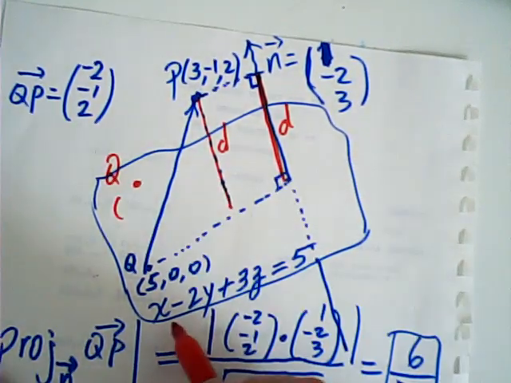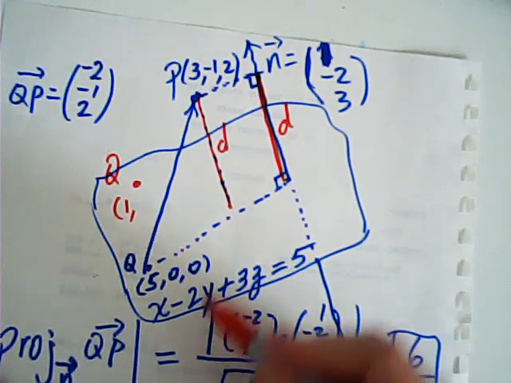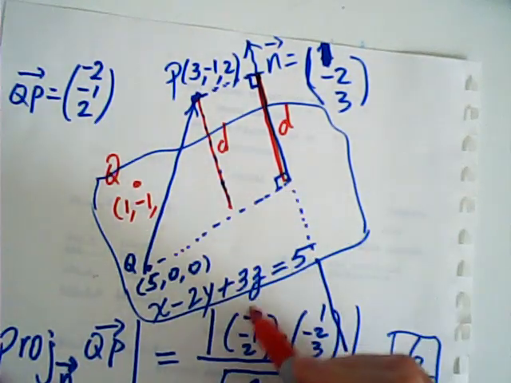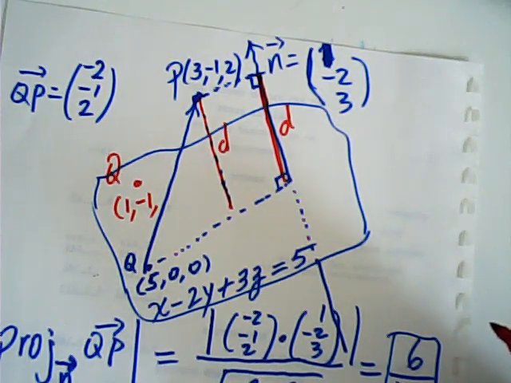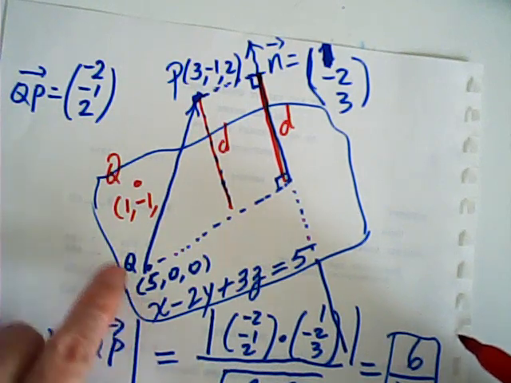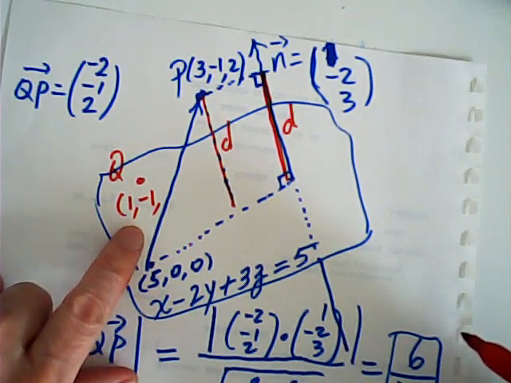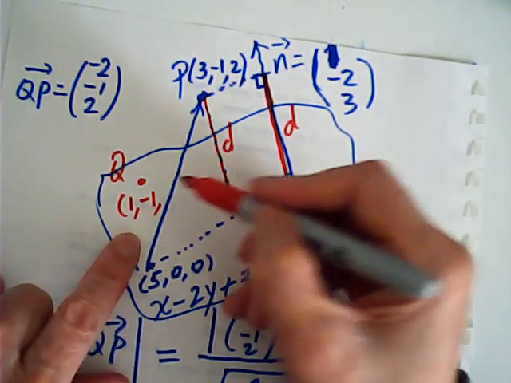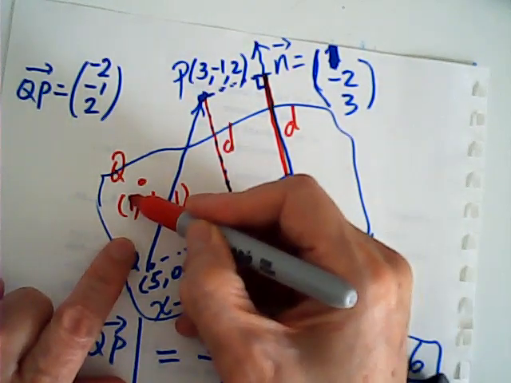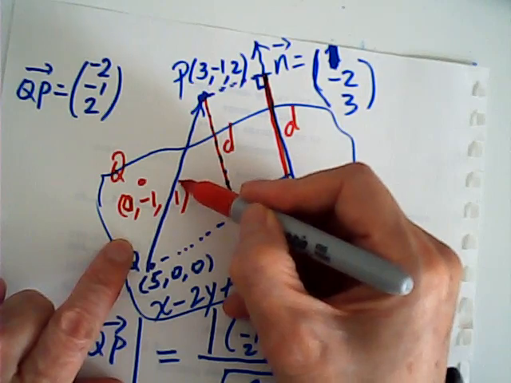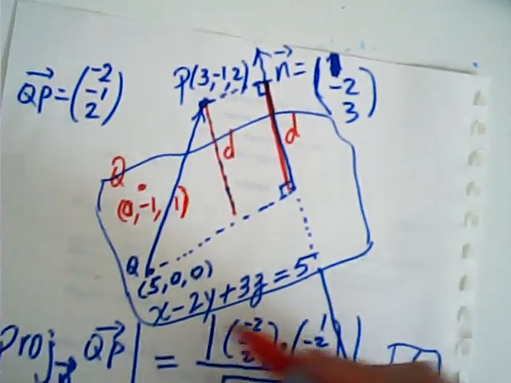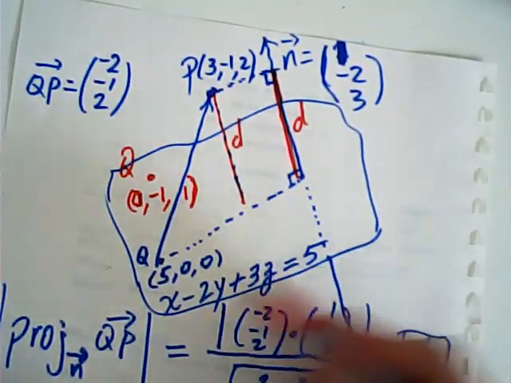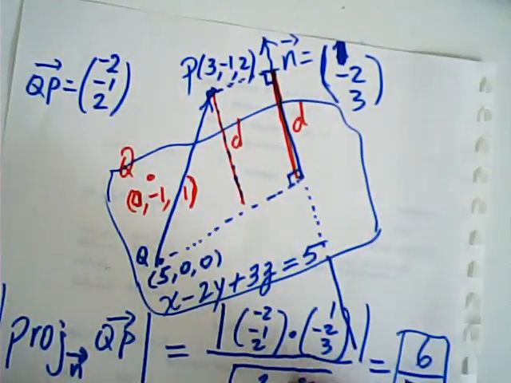Say x equal to 0, y equal to 1, z equal to 1. Then 0 minus 1 plus 1 satisfies this equation. Therefore, that is a point in the plane.